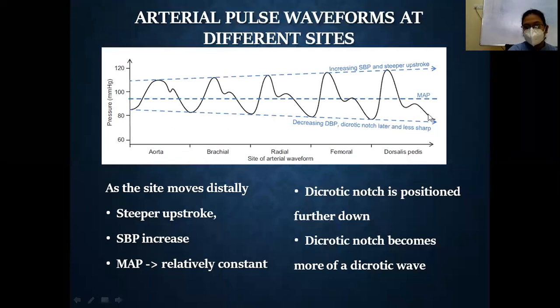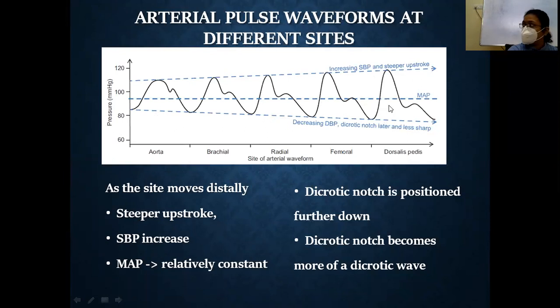If you look at the pattern, it is more smoothened out. So, looking at the waveform also, you can guess whether it is more proximal or whether it is more distal. So, when you had seen your arterial pulse waveform, it was like this.